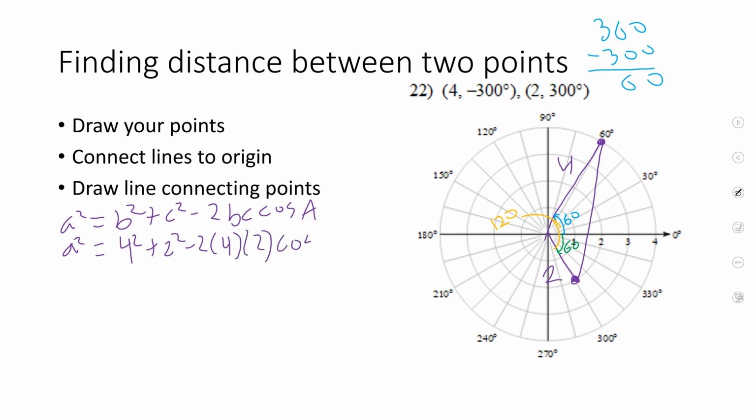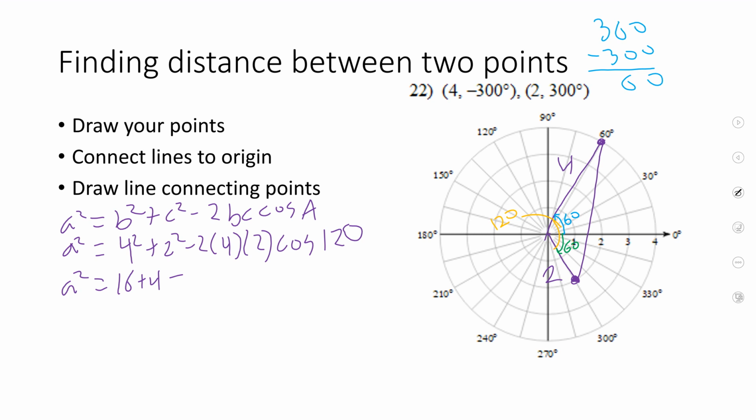Just plugging everything in. Cosine of 120. Be super careful with your negatives this time. I mean, be super careful all the time, but this time, for sure. So a squared equals 16 plus 4 minus, I'm going to plug this in my calculator because I'm tired of making silly mistakes. So 2 times 4 times 2 cosine of 120.